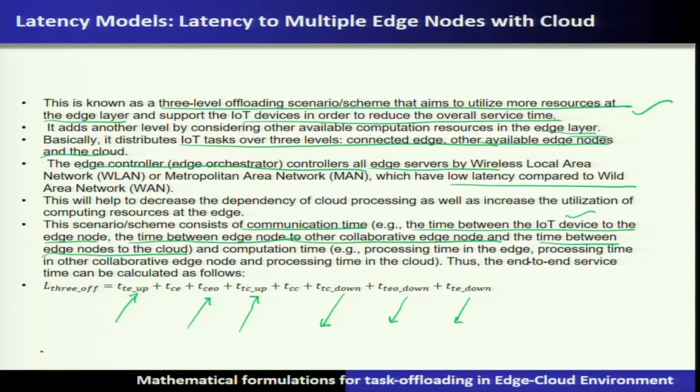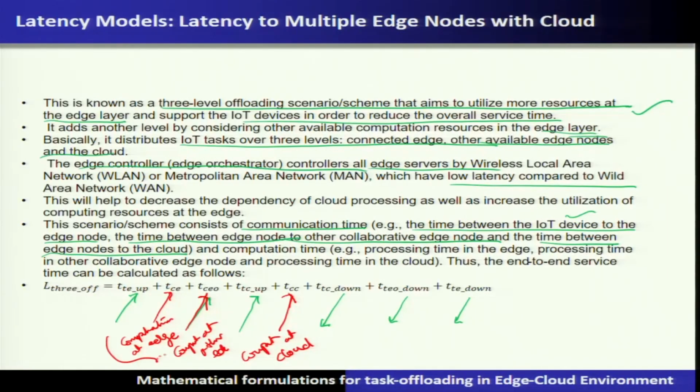Besides these communication delays, there are 2 delays for the computation. One is the computation at the edge, then the computation at the other edge, and the computation at the cloud.